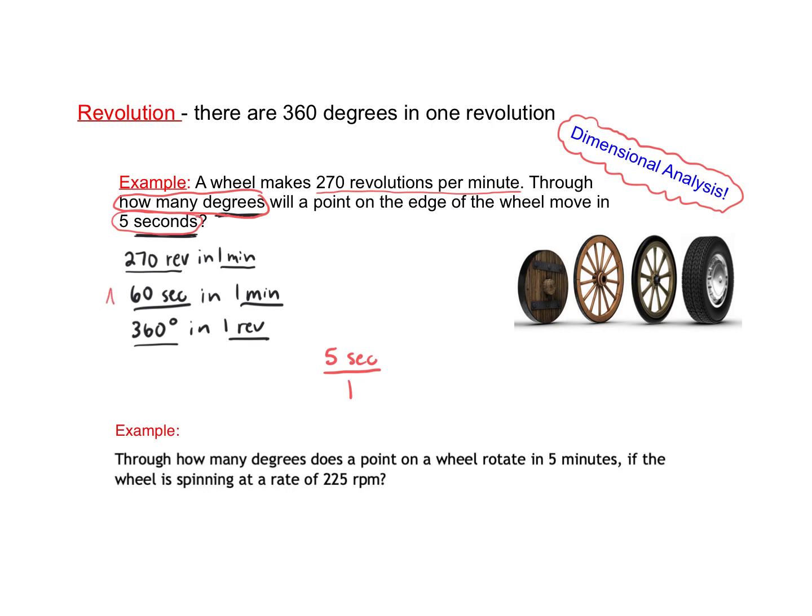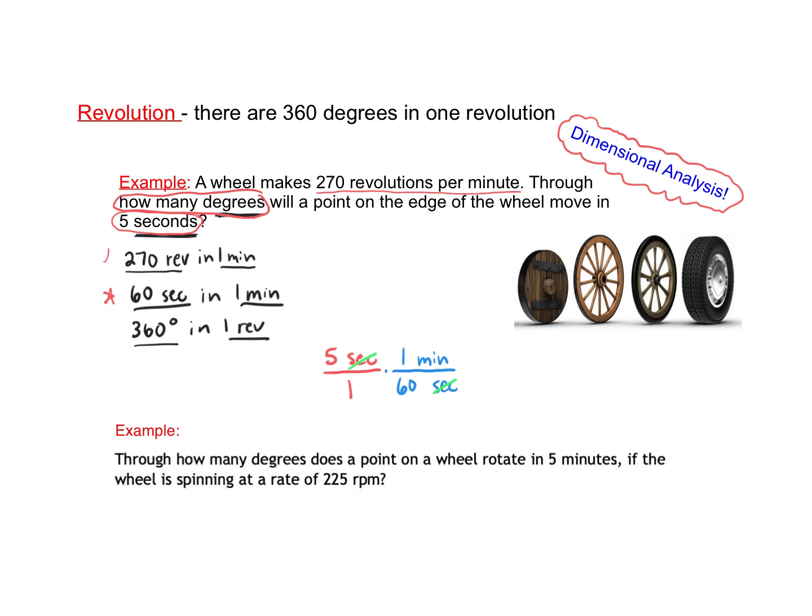So I'm going to use that there are 60 seconds in 1 minute. I'm going to put my seconds in the denominator, so it's 60 seconds and then 1 minute on top. With that, my seconds is going to cancel, and now I just have minutes. But remember, I don't want minutes, I actually want degrees. So let's see. Okay, here we go. Here's another one.